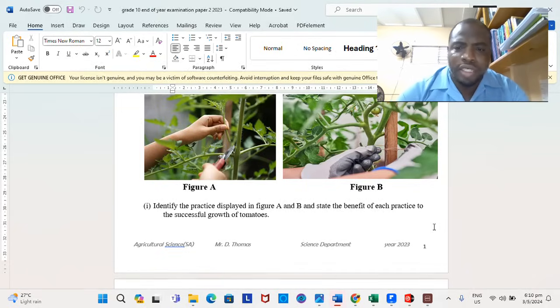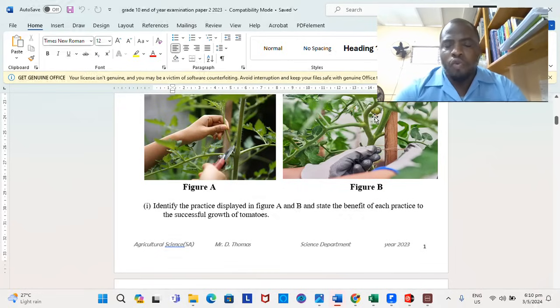Now if you notice, you're seeing a small fruit right here, and so once the tomato plant starts to produce fruits, because of the nature of the stem, it would require some form of support, because this will cause the fruits to be hanging down on the ground, and sometimes the branches can even break due to the amount of fruits. So the benefit of staking is it provides support to the plant, and so the plant will produce the fruits, and the stem or the branch remains upright.